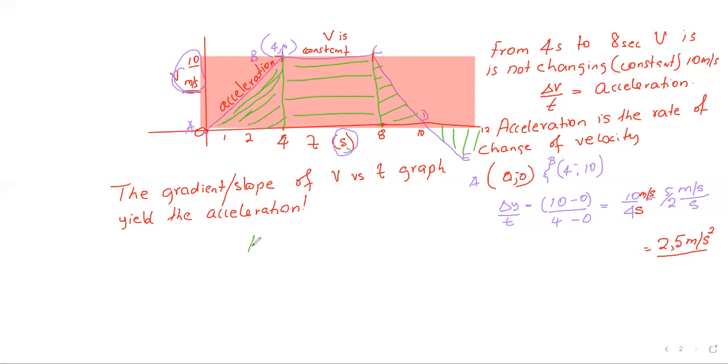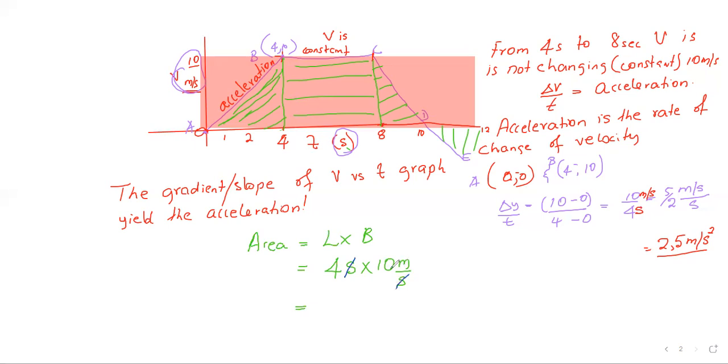Now, the area of a rectangle is the length multiplied by the breadth. From here to here is 4 seconds. From here up to B is 10 meters per second. What's amazing here is that the second will cancel with the second there.